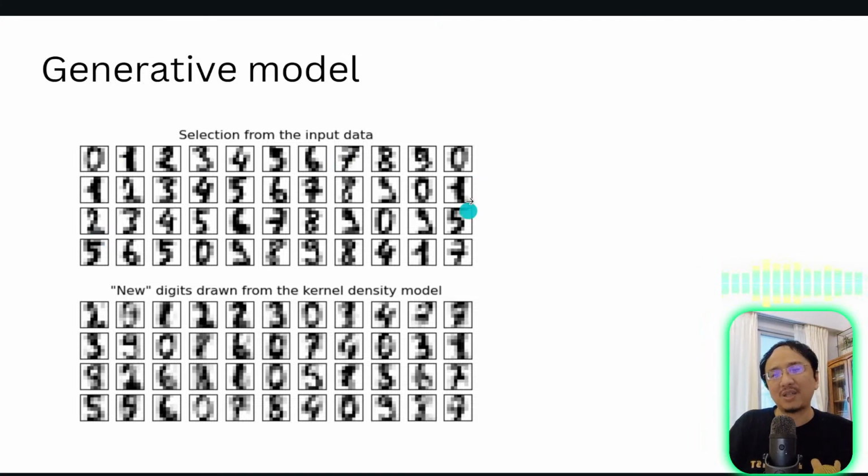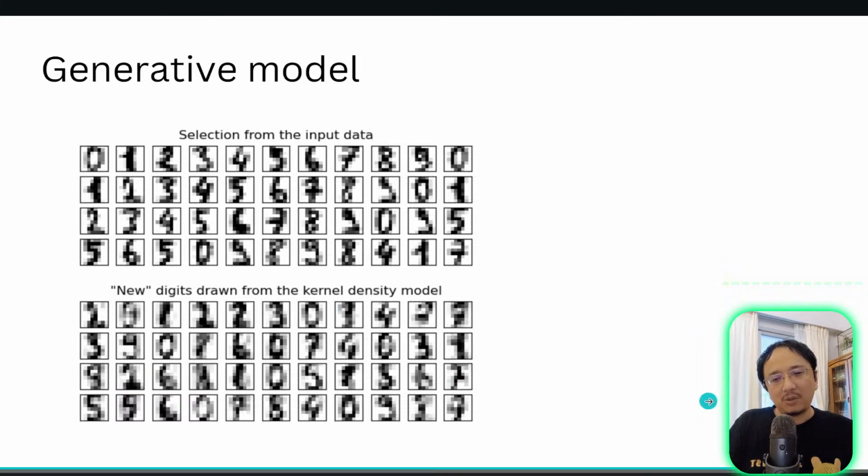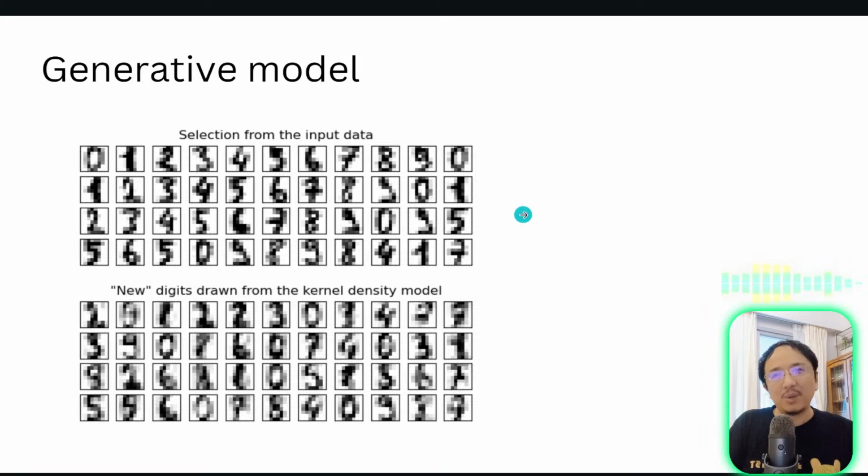So for example, for the digit example, this is what it can generate. But don't be too excited too early, because this one works quite well, but if you try to do things like what we do for generative AI, it probably won't do that well.